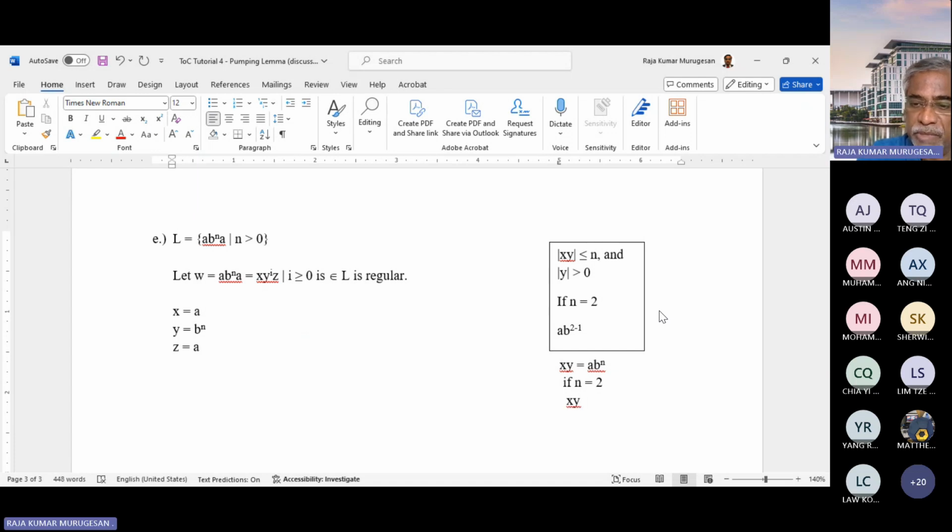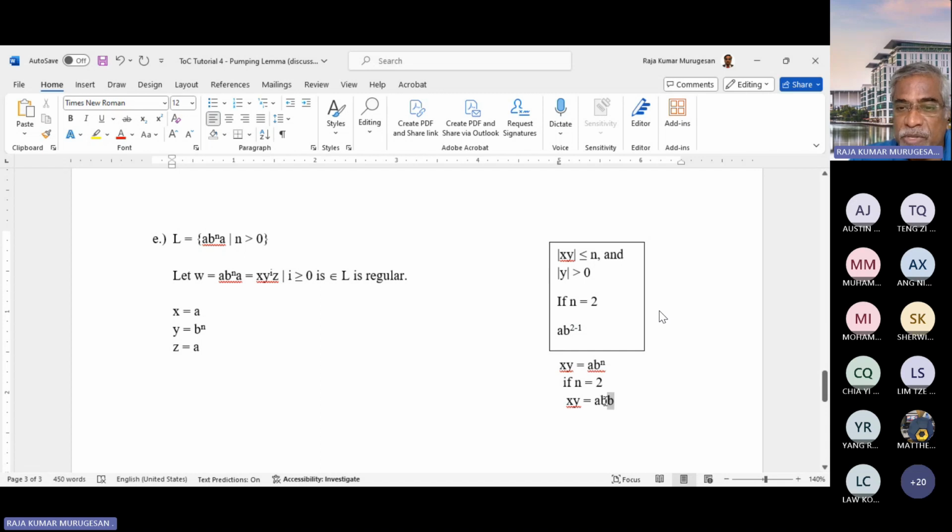Our xy will be equal to ABB, because A followed by B length 2 gives ABB.